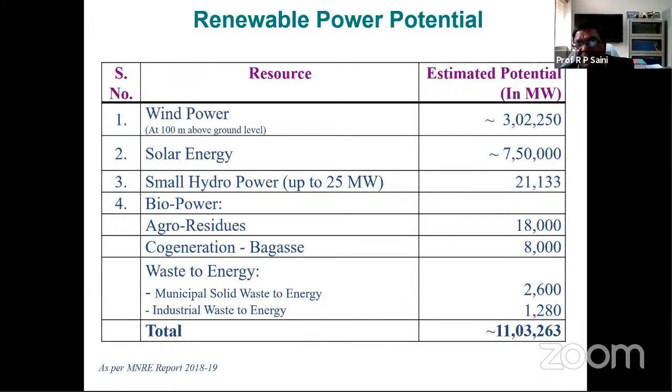I always advise that whenever you want to deal with any kind of renewable energy system, it could be wind, solar, small hydro or biomass, first we have to assess the potential. First, you should know how much is available.